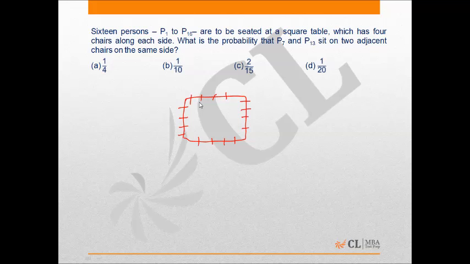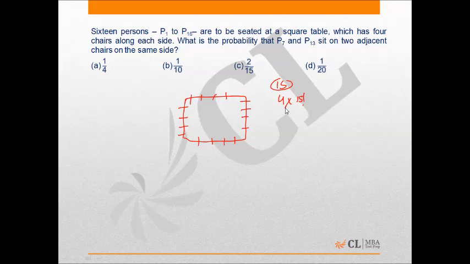After going along any side, he or she has 4 choices, so the first person can sit in 4 ways. Now the remaining 15 can sit in factorial 15 ways on the remaining 15 chairs. So the total number of ways in which the 16 persons can sit around the square table is 4 into factorial 15.